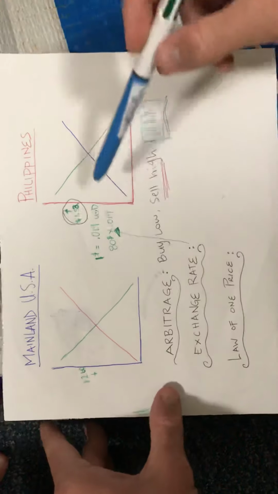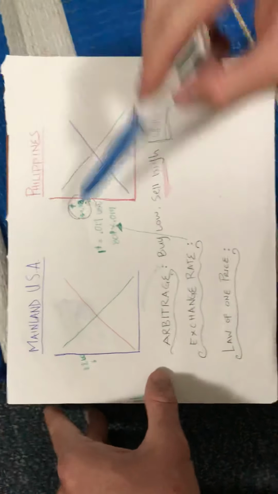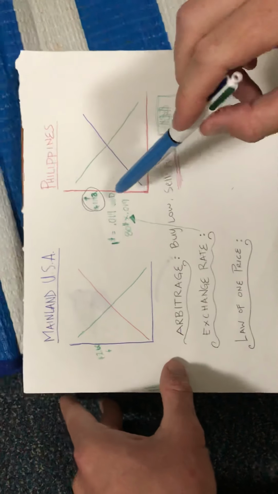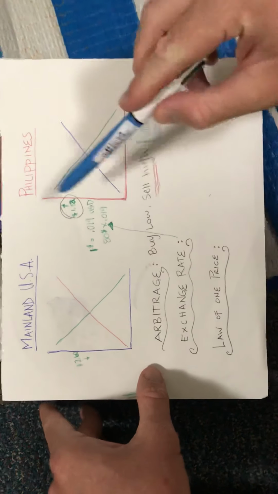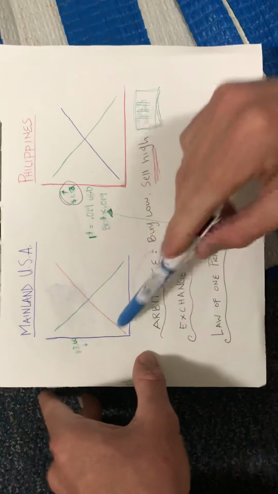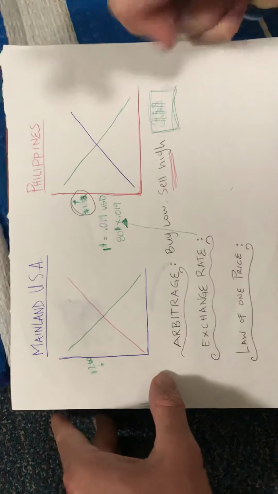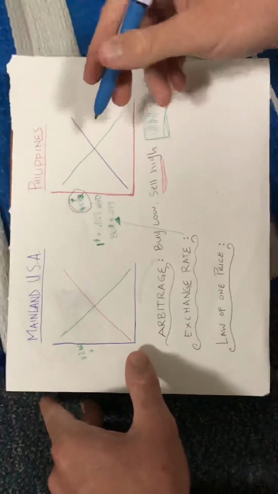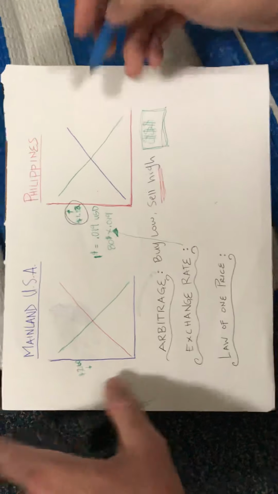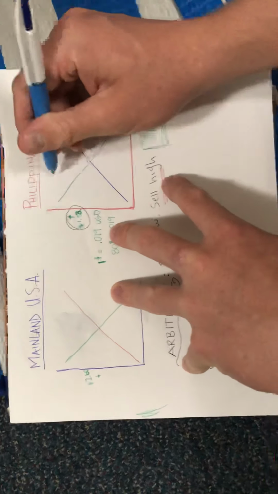So now we're ready to see how arbitrage takes place, or how it works. An arbitrager would look at the exchange rates throughout the different countries, see what their currencies are, and buy low, for instance, buy in the Philippines and sell high, sell in the USA. So as he buys in the Philippines, the demand curve will go up.